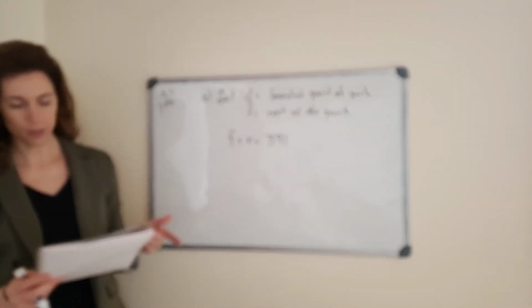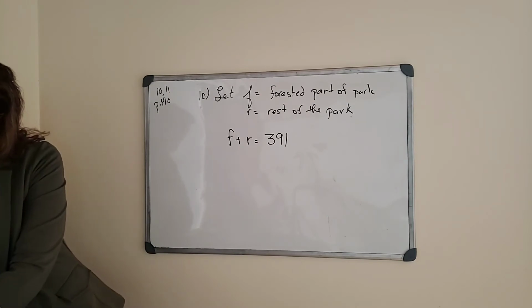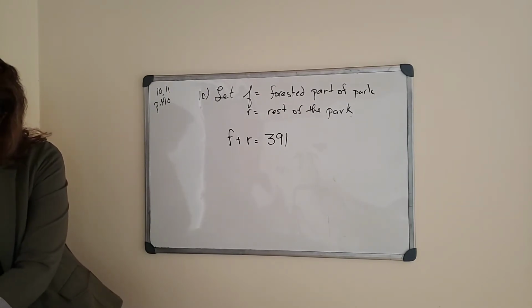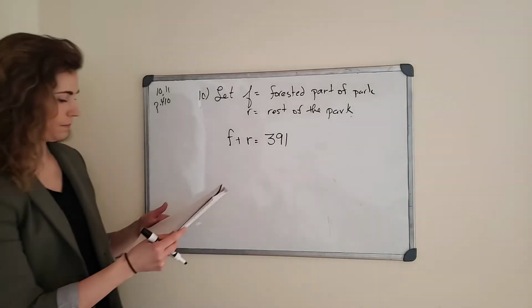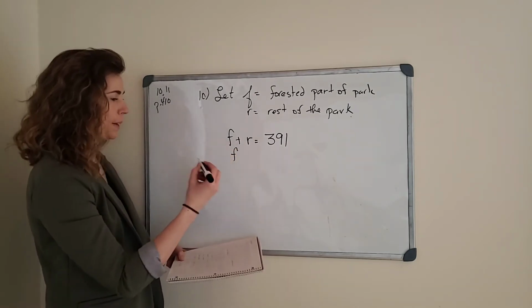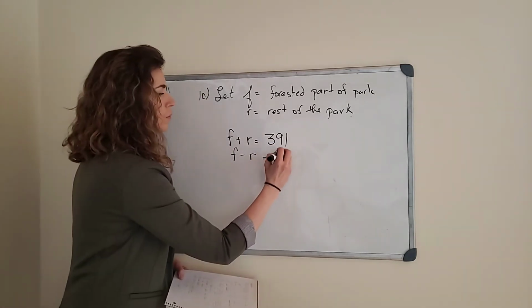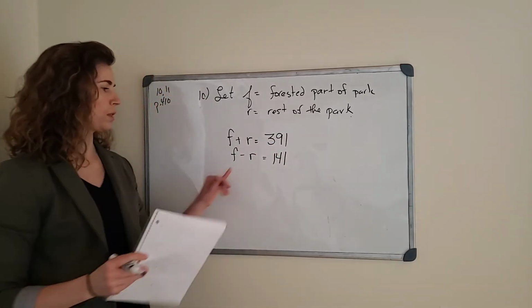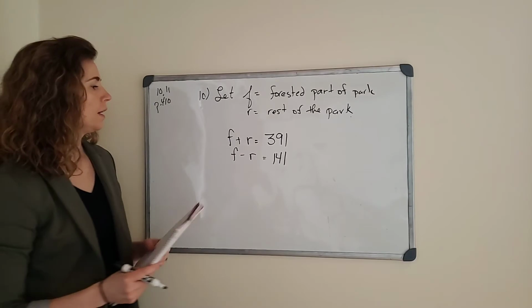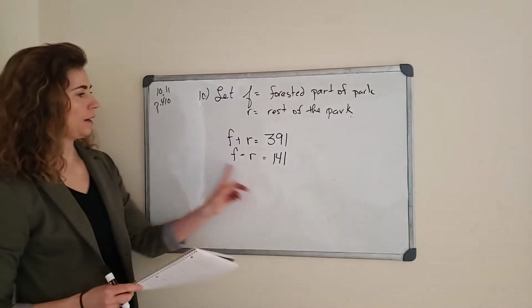Then it told us that the forested area is 141 hectares more than the rest of the park. So the forested part, the bigger one, if you took away the rest of the park, there'd be 141 more. So always put the bigger first when they say more. Okay, so we have our two equations here.